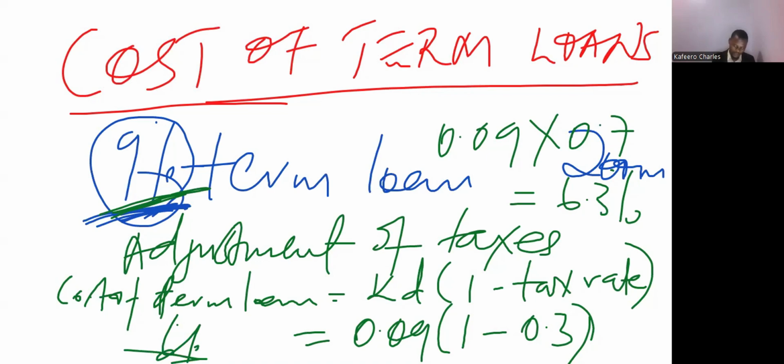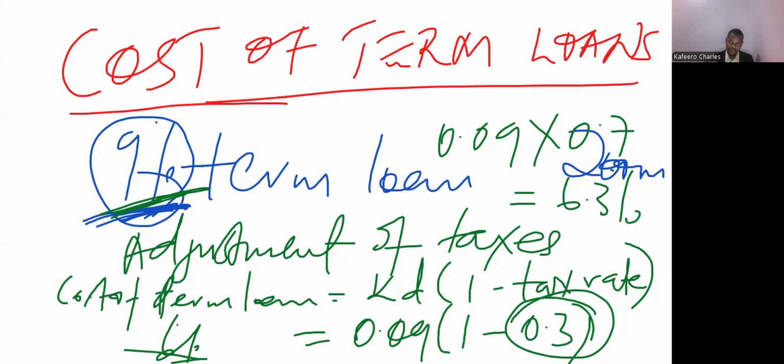So we take the 30%, but the examiner has a right to tell you which tax rate. Even if they say 50%, even if they say 100%, just go with what the examiner has told you. I'm taking 30% because, as per Uganda, we know that the income tax is 30% for businesses.